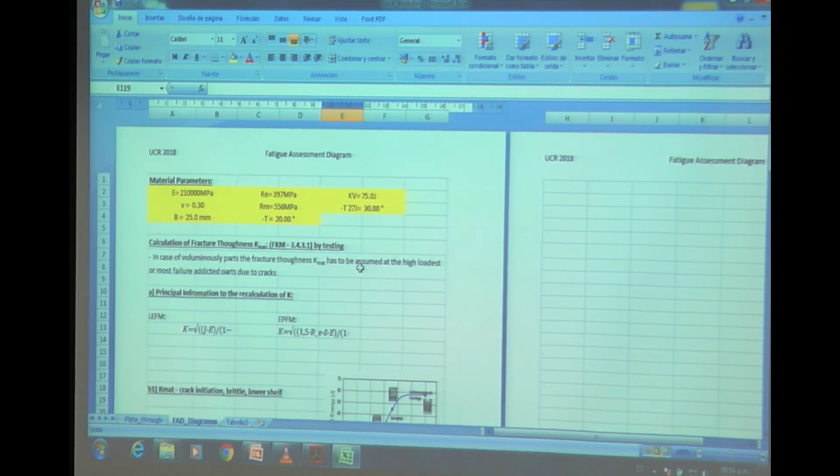So, and again, a small example. This is basically the information you have to get if you want to go into the fatigue assessment diagram.